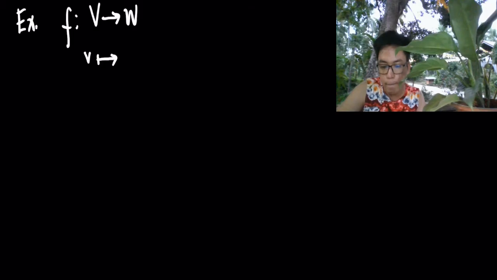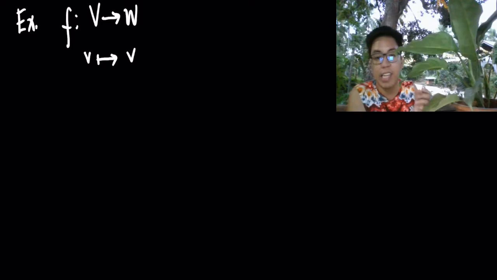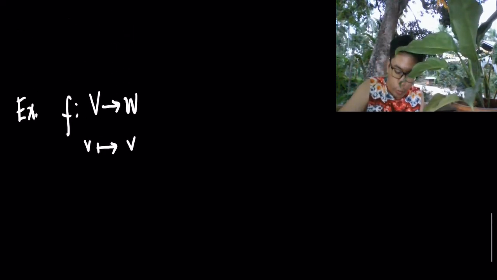Okay, let's have another example. We have a linear transformation from V to W, defined by sending v to v, that is, a vector v to itself. We've shown in the previous videos that this mapping is a linear transformation. So what would be the kernel of F, and what would be the image of F?